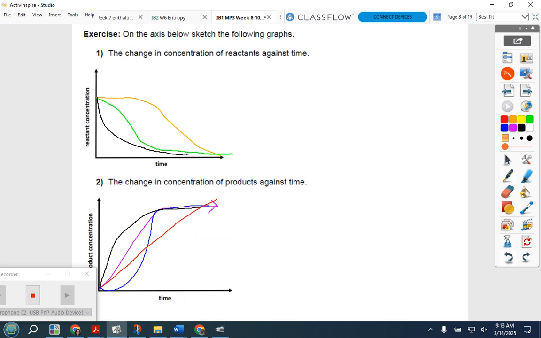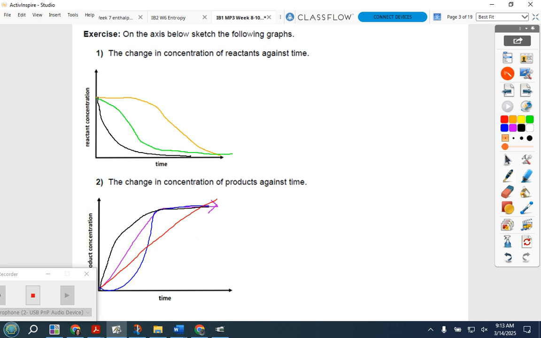And then theoretically, if the reaction goes to completion, we'd eventually get to 0. All the reactants would convert into the products. If the reaction doesn't go to completion, then we might tail off at a value other than 0, kind of like the green line that Luca drew.